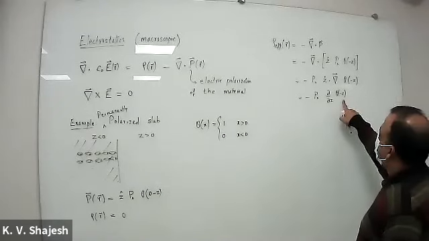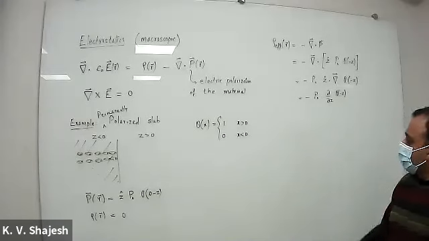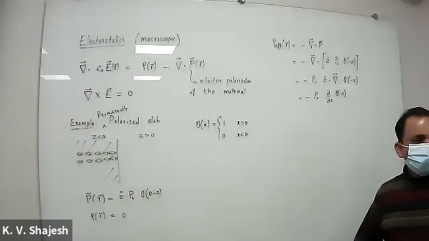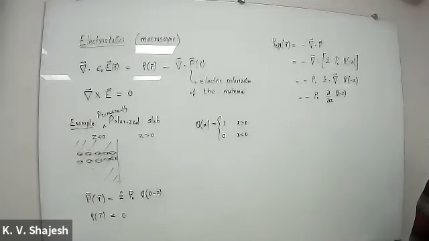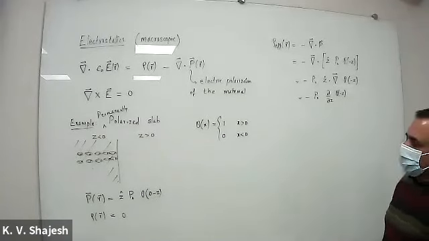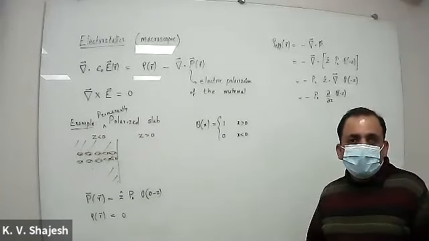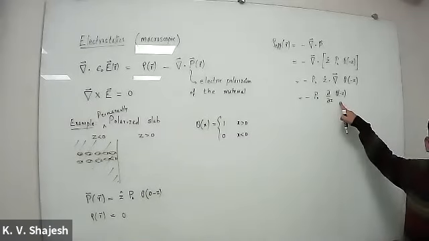What is the derivative of a step function? At the boundary, just where it is switching, it is not 0. In fact, it is infinity, and one can show that this is actually a delta function.